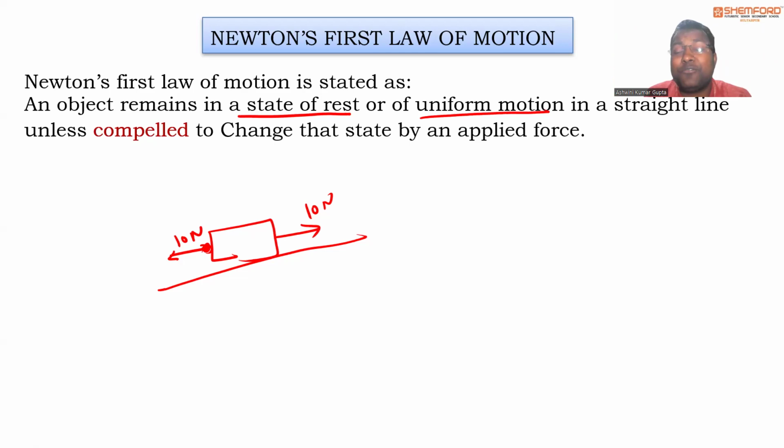When we have applied some force on the given object, then the body is compelled to change the state. Either that is rest to motion, motion to rest, and vice versa, whatever it is. But always remember, the applied force should not be a balanced force, right? क्योंकि my dear, अगर ये balanced force होगा तो state में कोई बदलाव नहीं होगा.